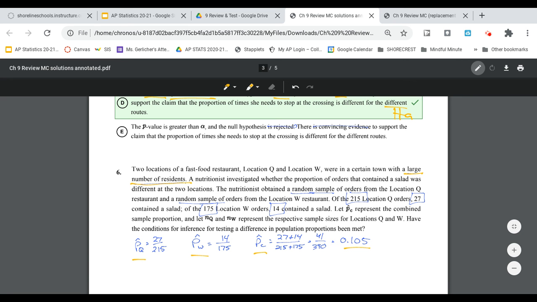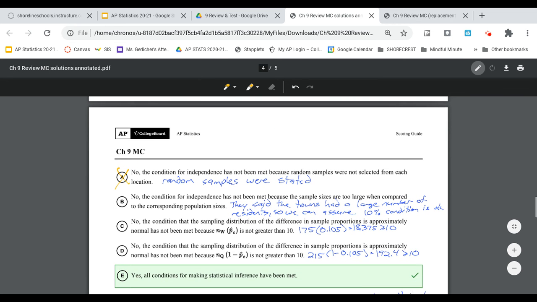They are telling you that for a reason, that you can assume the population of the town is large enough to make all our conditions okay. I wish on these problems they gave you a specific number to quantify what large means, but I'm just telling you when the AP people write it this way, that's what they mean. They're telling you it's large on purpose so that you know that your 10% condition is okay. Your population is sufficiently large.